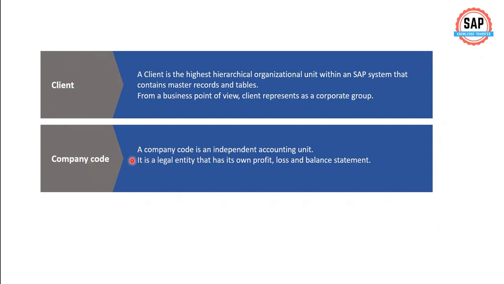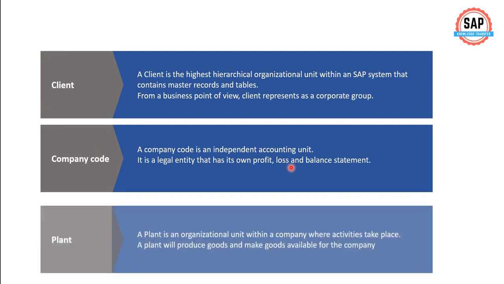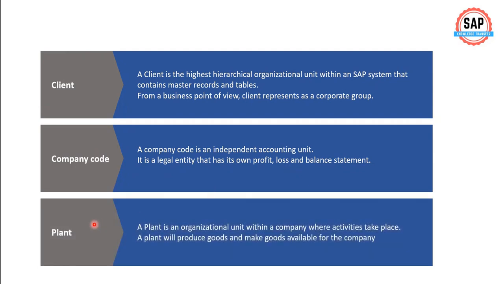So a company code is an independent accounting unit. It is a legal entity that has its own profit and loss and balance statements. This company and the company codes come under finance. Then this one comes under MM: the plant. A plant is an organizational unit within the company where activities take place.